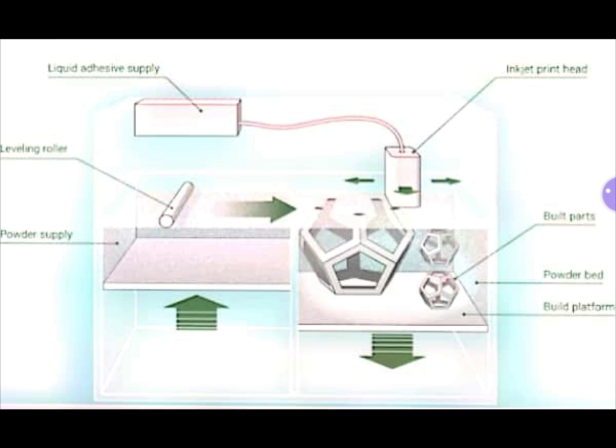And there will be an actuation system. With the help of the actuation system, the powder material from the first container is lifted upwards, and after the powder is lifted, with the help of the leveling roller the powder is transferred onto the second container, that is onto the build platform, which you can observe is just below, but this particular build platform will be at the top surface initially.